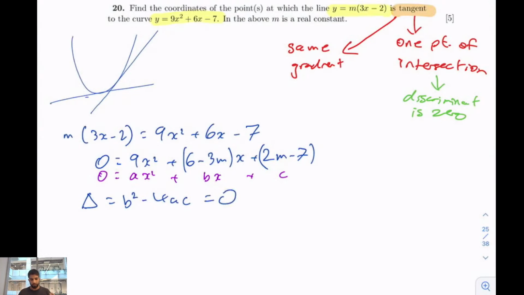So this now gives you an equation in m. So we are looking at the coefficients. b squared, that's going to be (6 minus 3m) squared minus 4 times a, which is 9, and then (2m minus 7) equals 0.